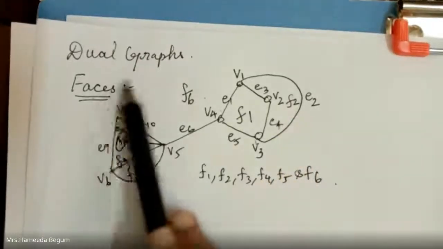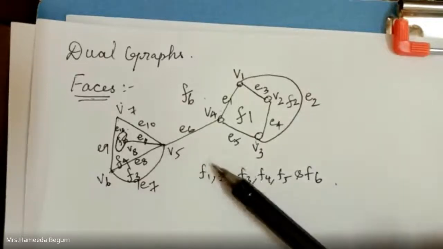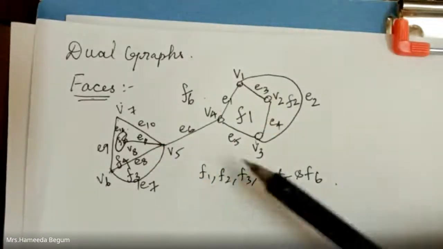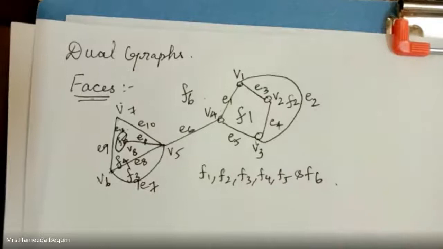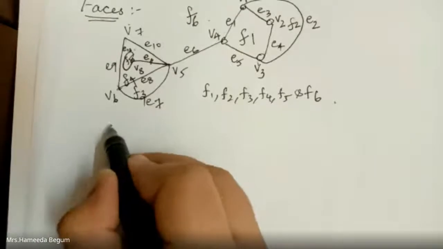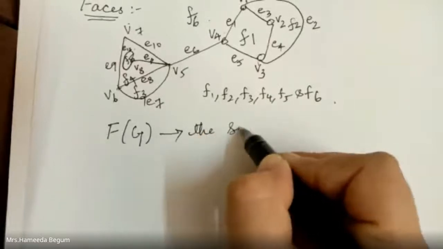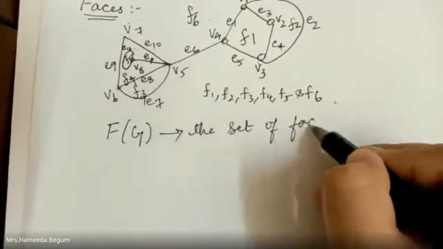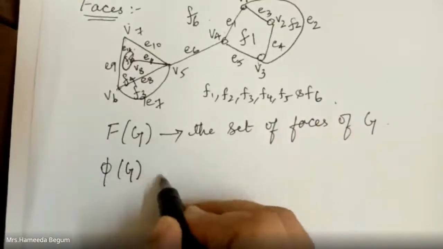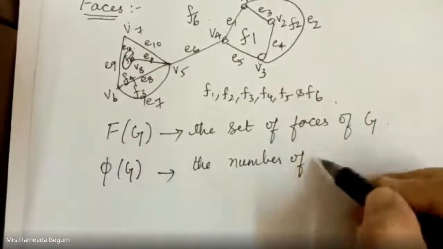So the definition of faces: a plane graph G partitions the rest of the plane into a number of connected regions, and the closures of these regions are called the faces of G. Now the set of faces can be put into a common set, which is capital F of G. So this represents the set of faces of G. And then we have phi of G, which represents the number of faces. Now, how many faces is this graph having?